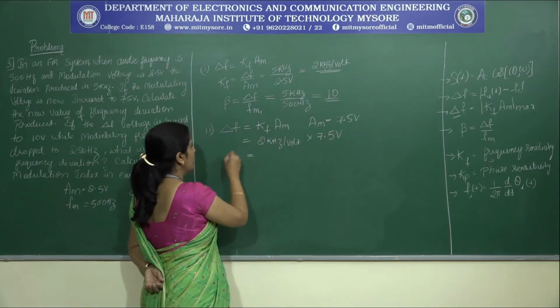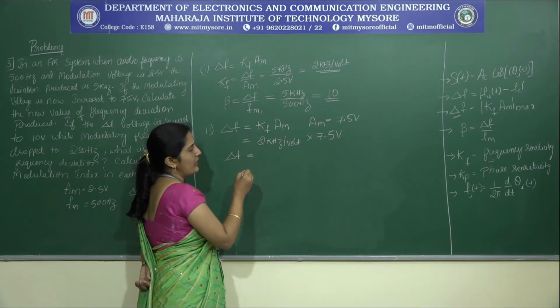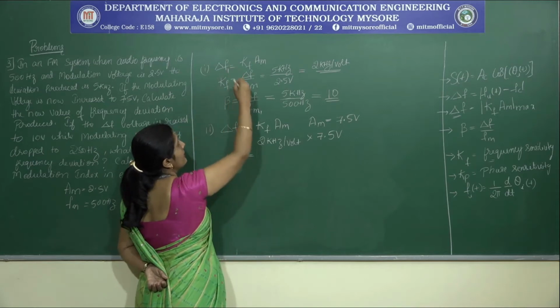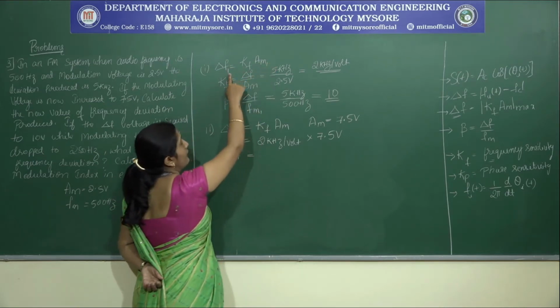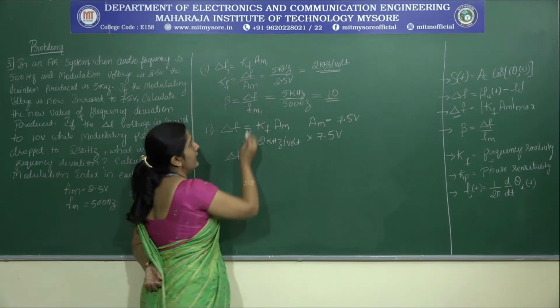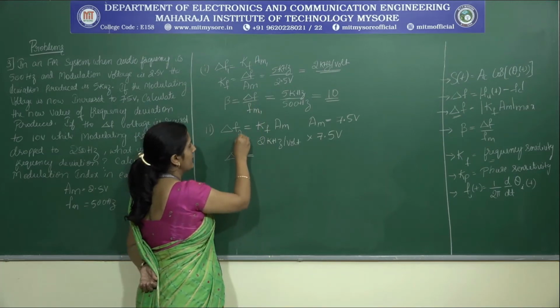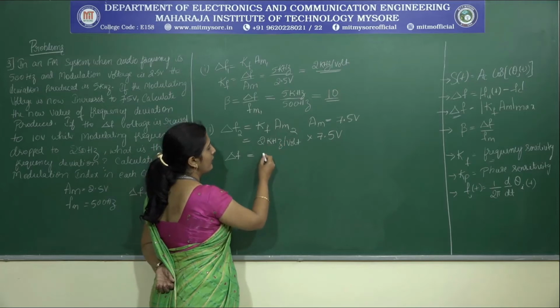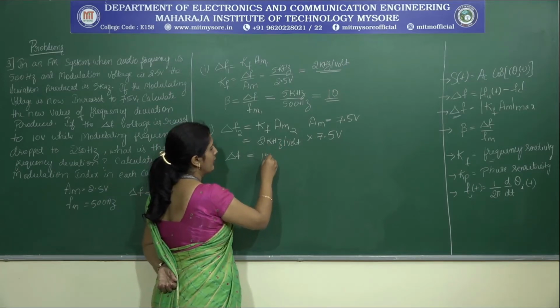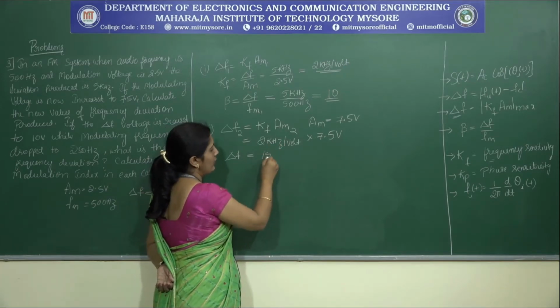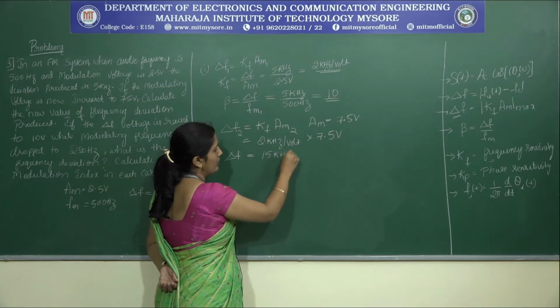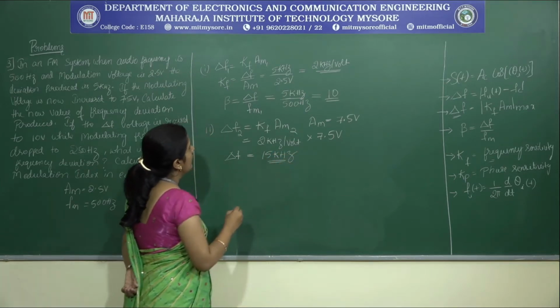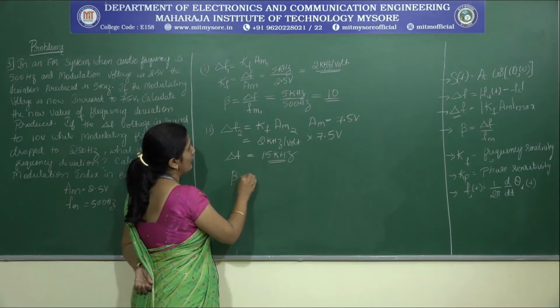Let us consider the first as delta F1 and Am1, and this as delta F2 and Am2. After solving this, we are going to get 15 kilohertz.